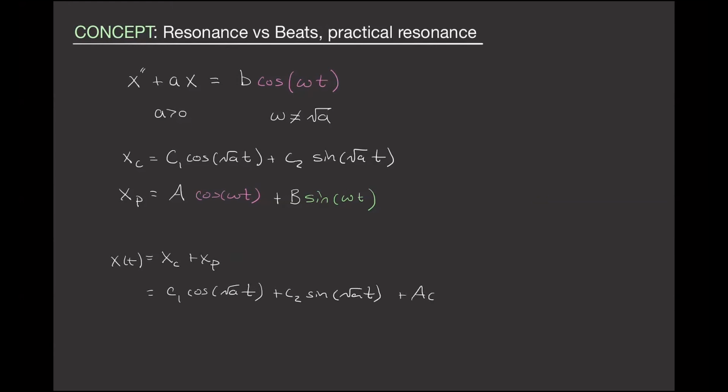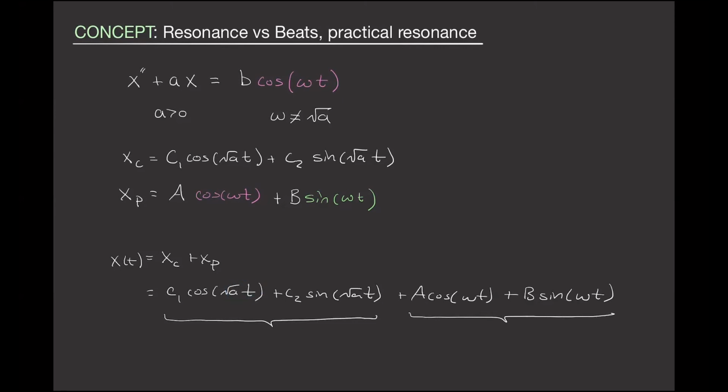Then you get plus a cosine omega t plus b sine omega t. Now you can kind of consider these to be in two sets. The set where you have this frequency, or a period and frequency determined by square root of a.